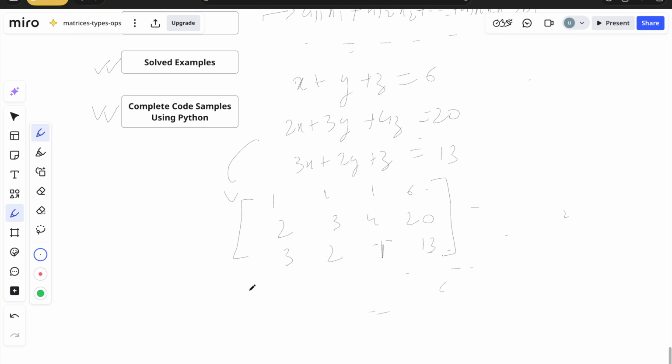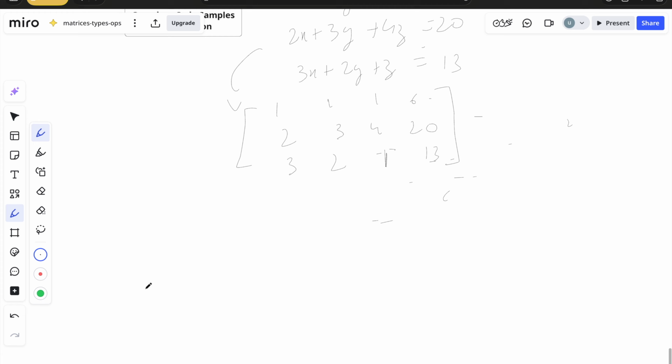Right? Now we will perform row operations on top of it to reduce it to row reduced echelon form. So R2 can be transformed using R2 minus 2R1, which gets transformed to 1 1 1 6 and 0 1 2 8, and this remains the same, 3 2 1 13.